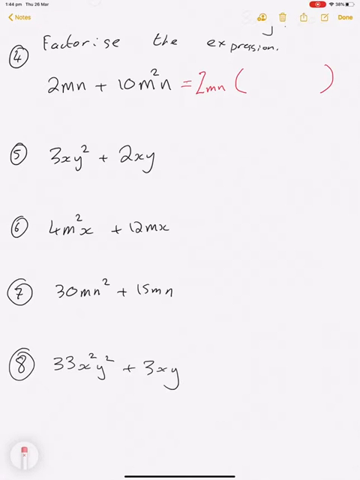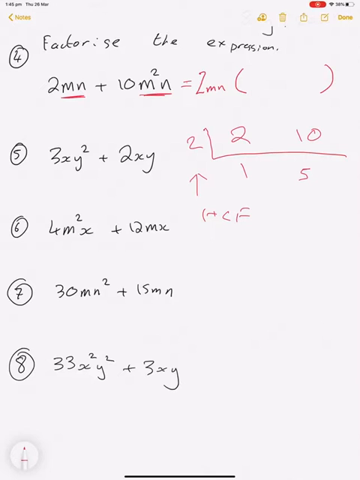We can show that by our little algorithm here. Divide by 2 to get 1 and 5. This is the highest common factor, and mn is present in both terms.